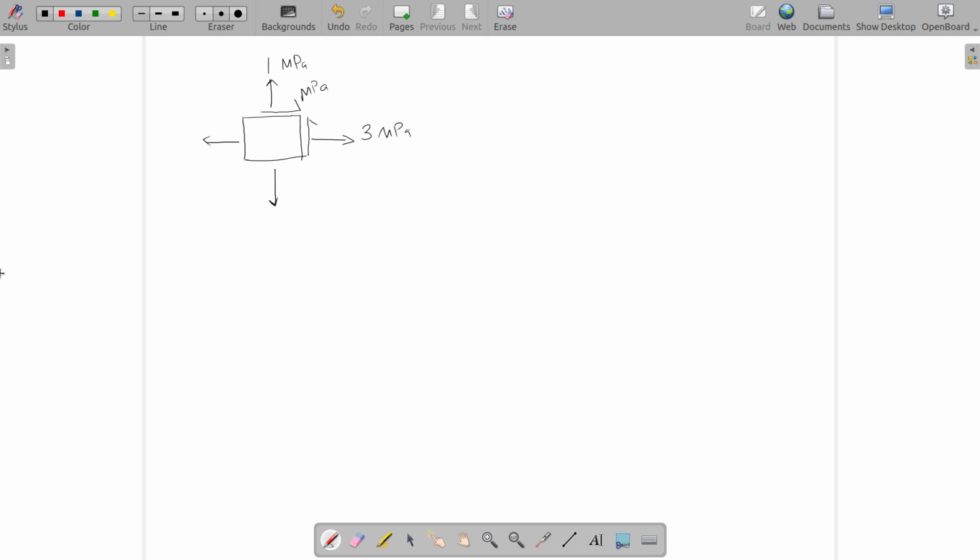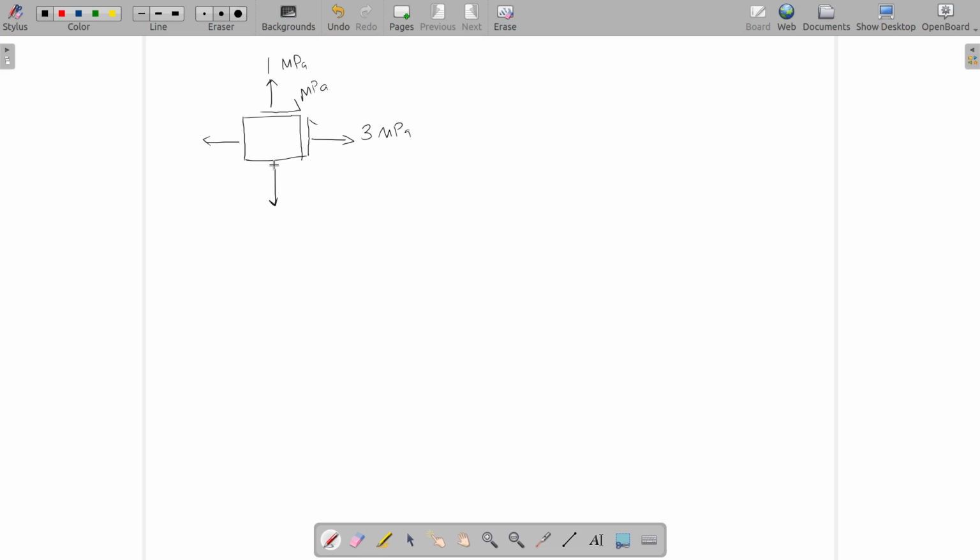Now let's see what happens when we change the coordinate. Means what happens if we rotate this control volume by an angle theta, and that is what we tried to understand in the previous problem. But let's see how we do that for a general case.